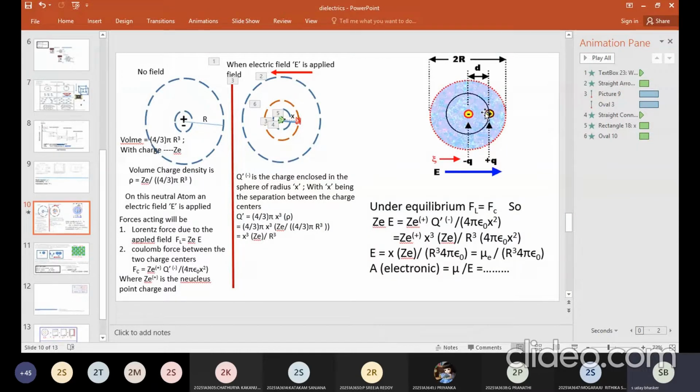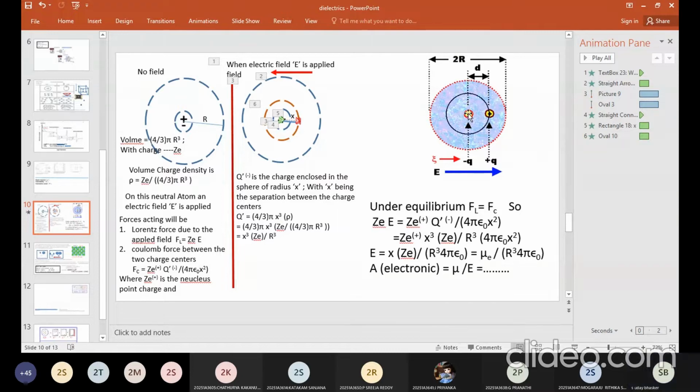Clear? Good. If it is a continuous distribution, in a dielectric sphere, you know that the resultant charge can be supposed to be at the center.